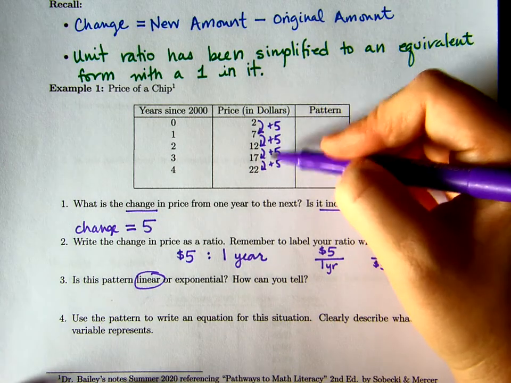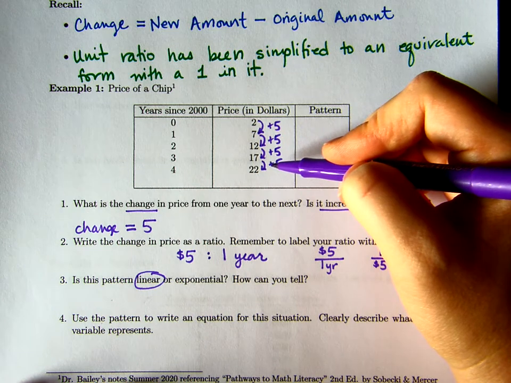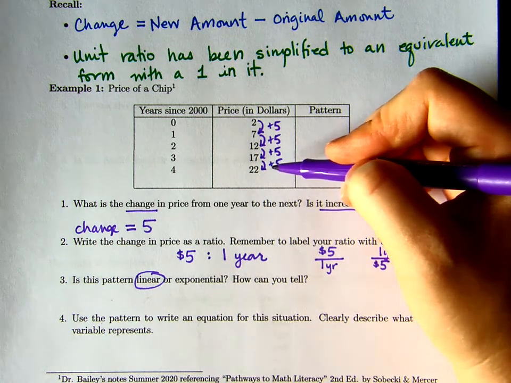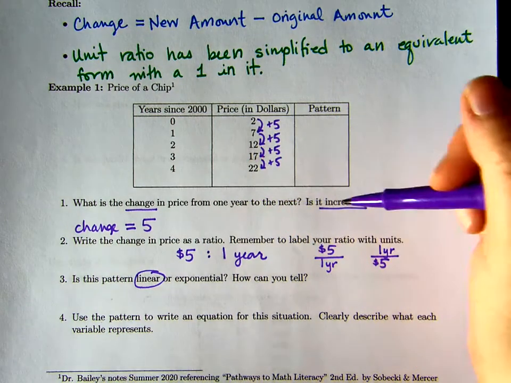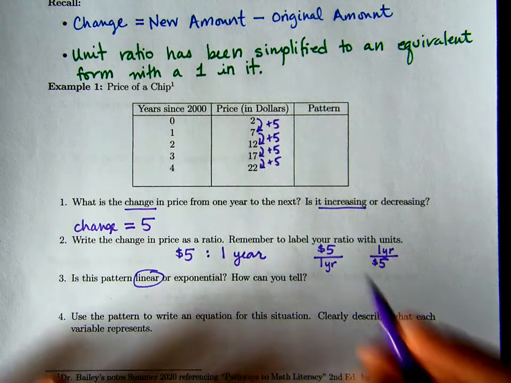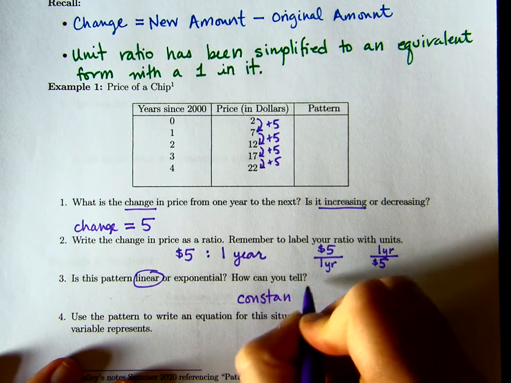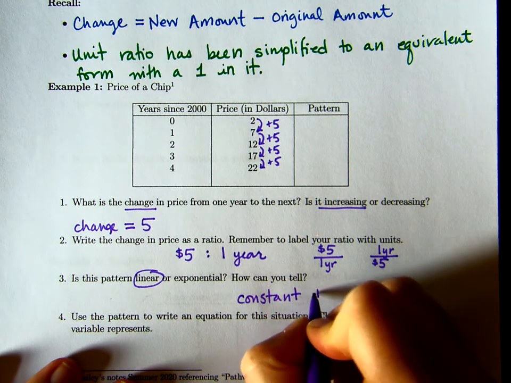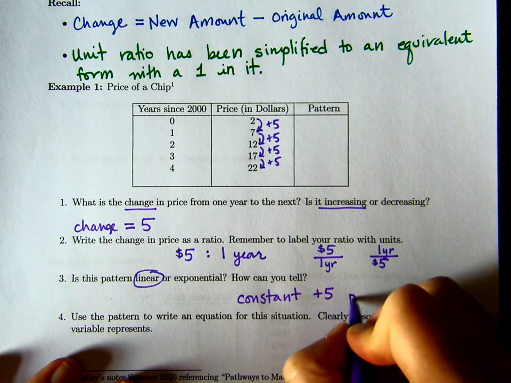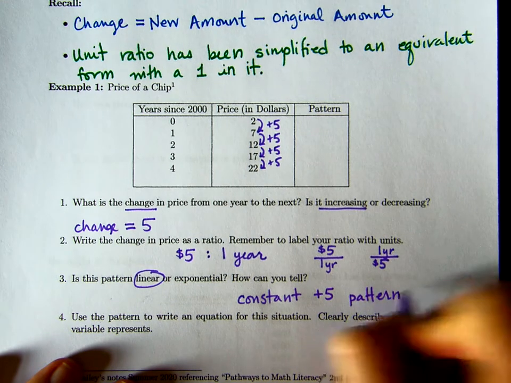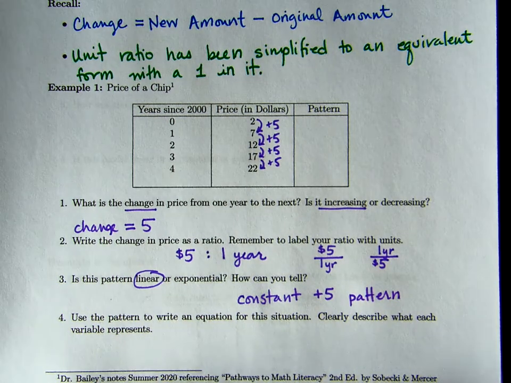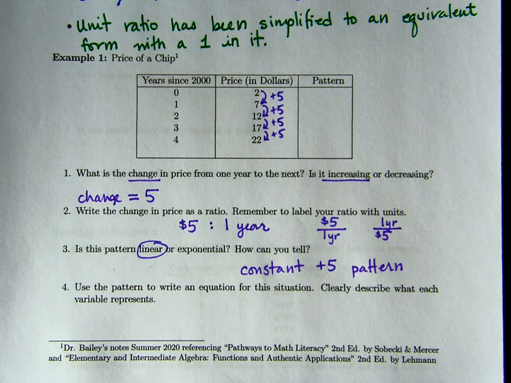So a constant add or a constant amount of additional change for each additional year. So how can I tell? Constant add 5 pattern. Yeah. Use the pattern to write an equation for this situation.